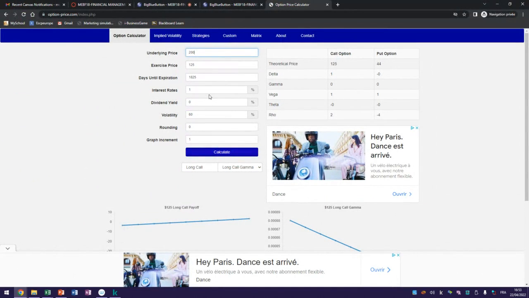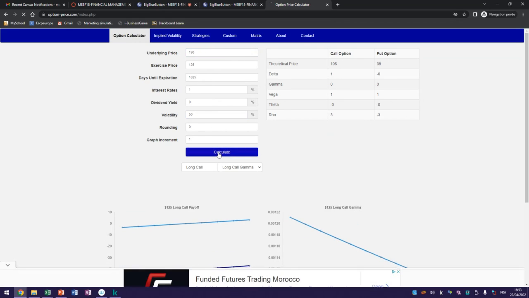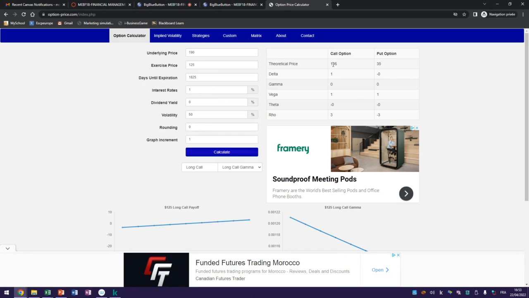What has changed now is that the value is going to be 190. So the value of the stock is 190, the exercise price is 125, the volatility now is 50, and if I calculate that, I have 106 and 35. So this is what is of interest to me, 106.